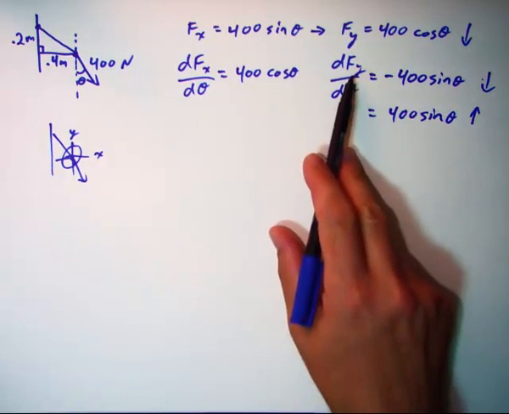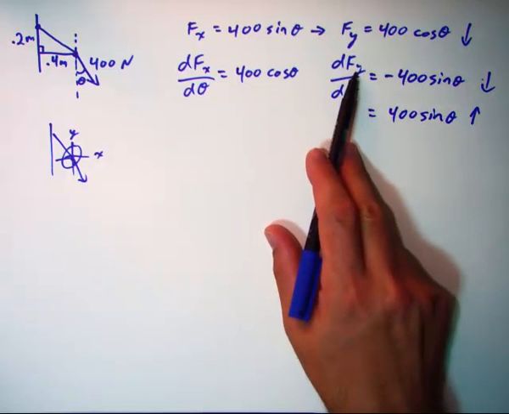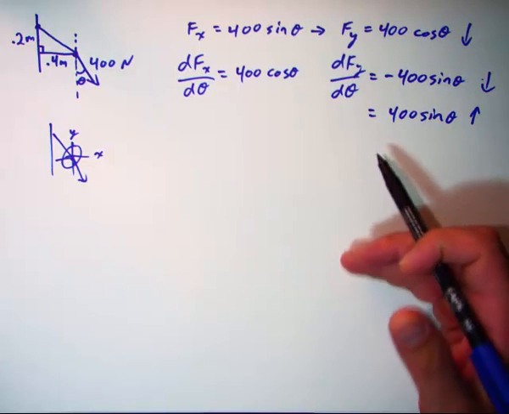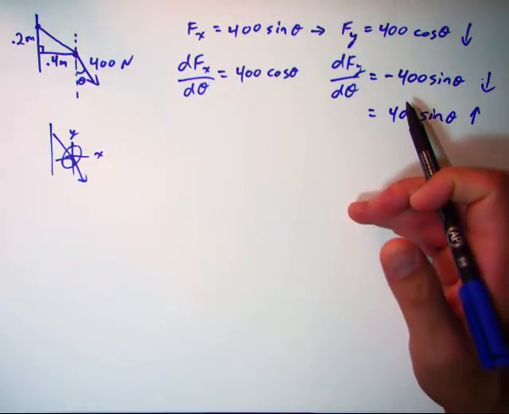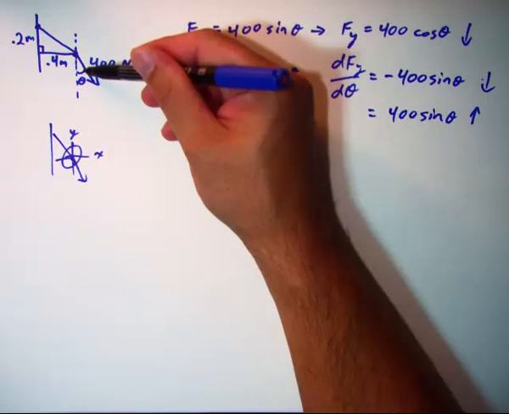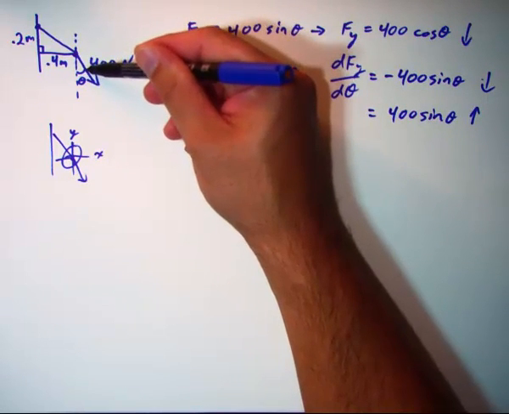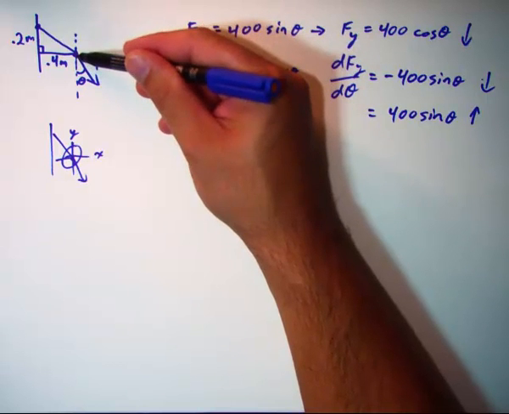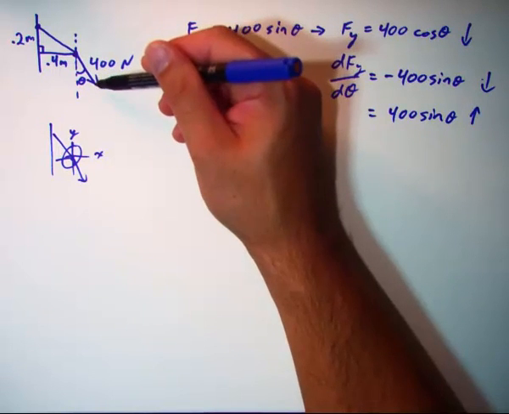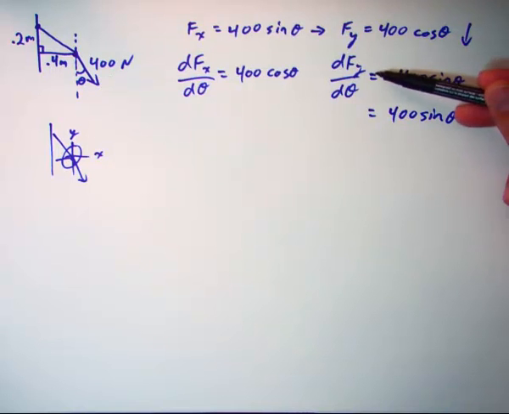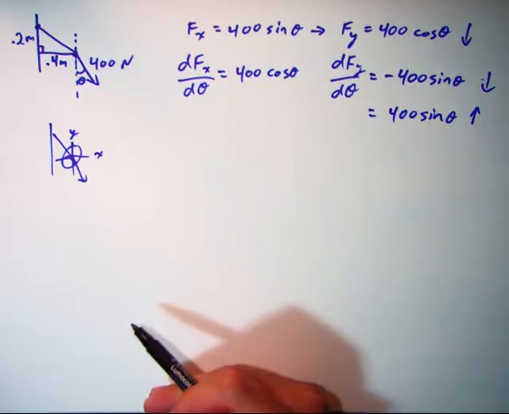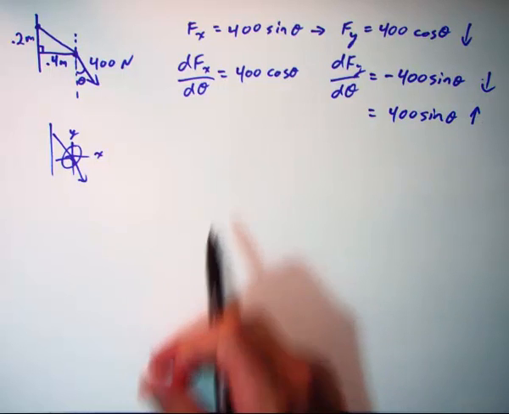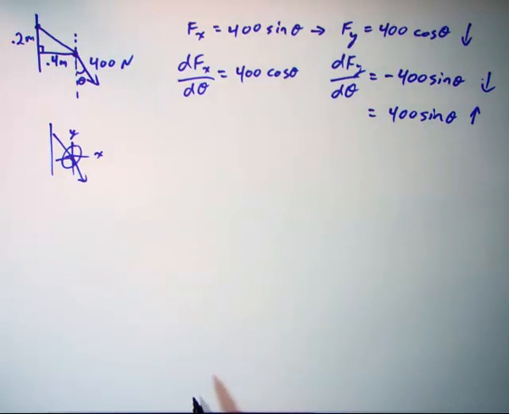So the rate of change of the vertical component of the force gets moving in the upper direction, right? That makes sense. If my theta is growing bigger, then the force down is getting smaller. So its rate of change is going to be positive, because from the negatives, rate of change has to be positive to move me back up. But this is easy. Let's do something a little more interesting.